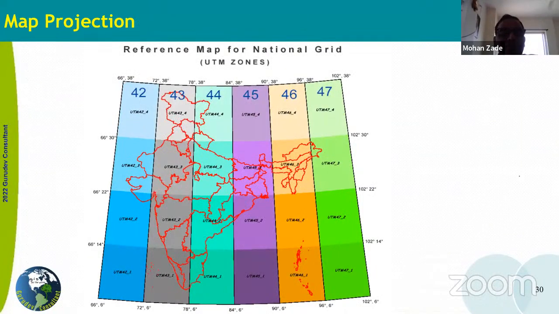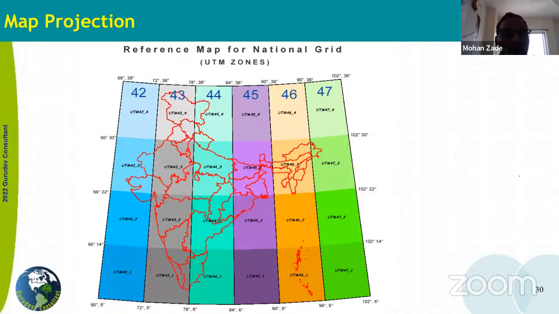The second most important and most popular projection is the UTM, Universal Transverse Mercator projection. These are very useful and mostly used for India. And you can see here the different UTM zones that the Indian territory falls in.